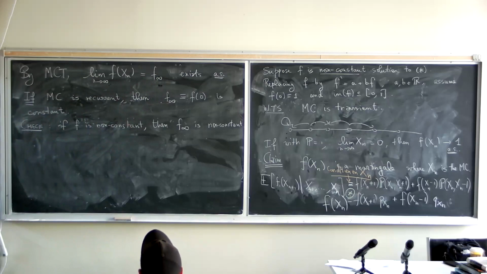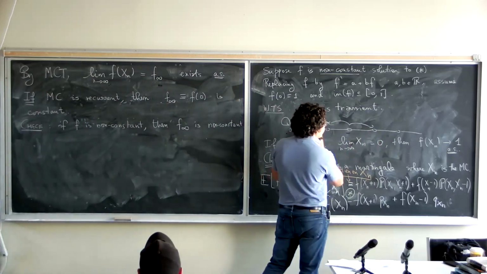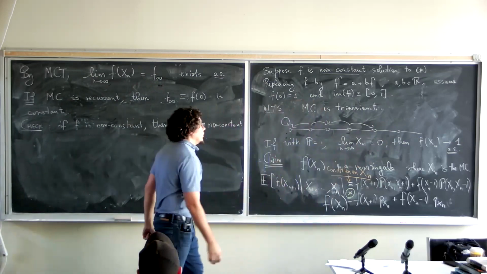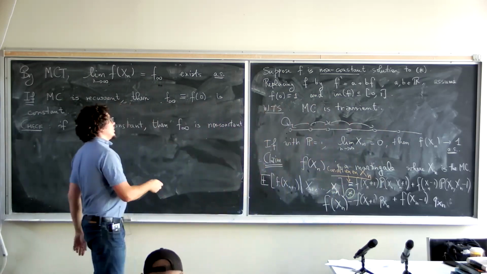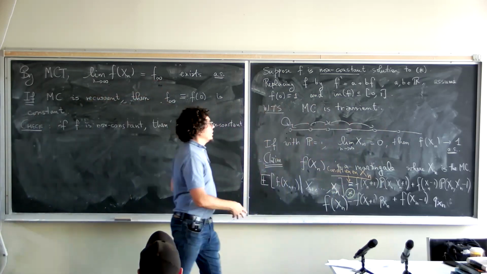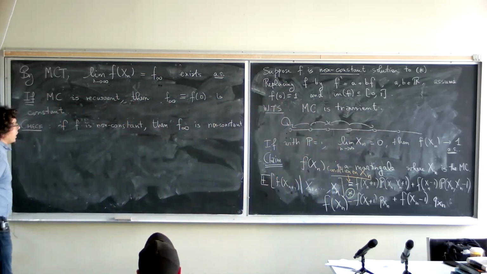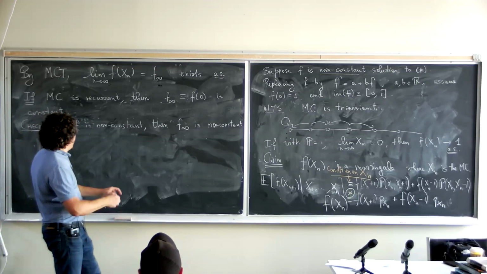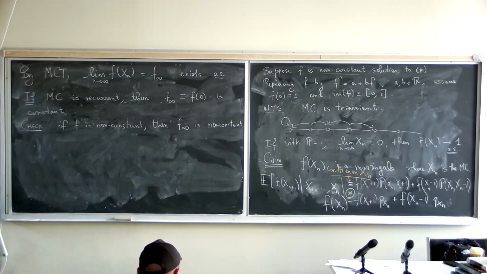Should be related. And so in the end, if you start with a function on this graph that is non-constant, then we know by the martingale convergence theorem that running this limit procedure, you will get a function which is also harmonic, and in particular, this will give you a function that would be constant if the Markov chain is recurrent.